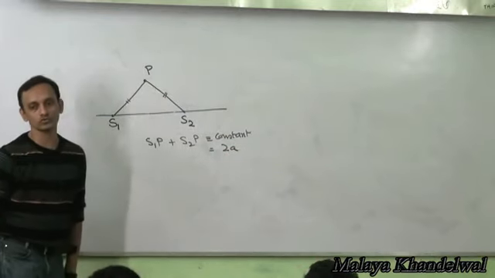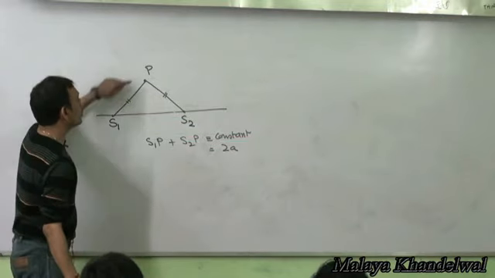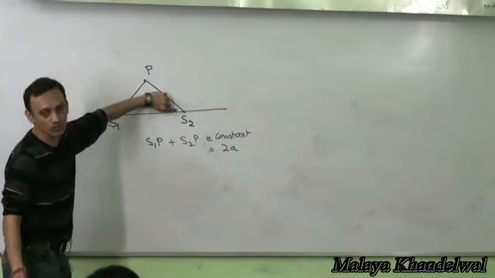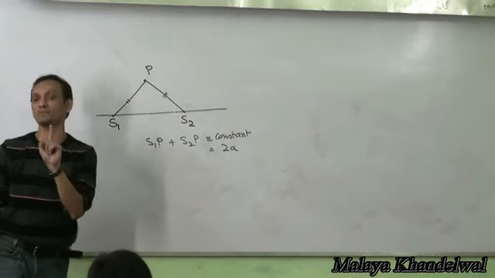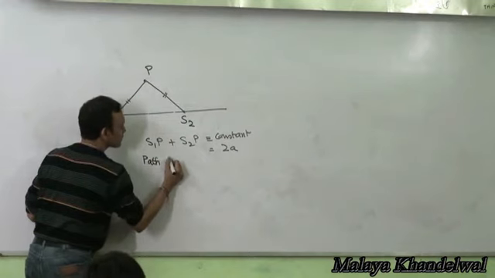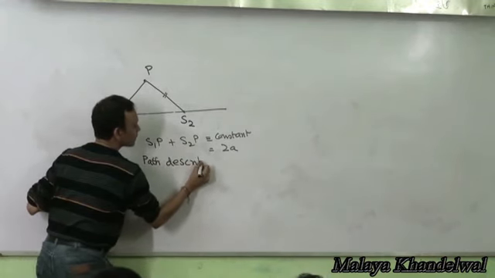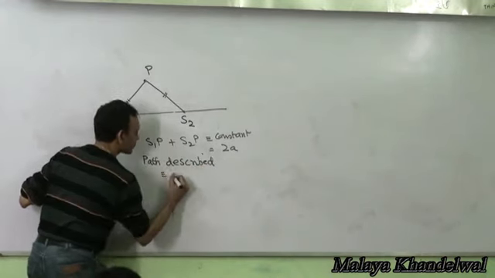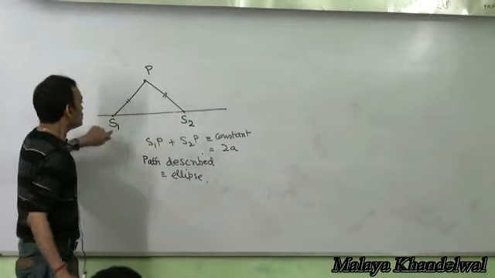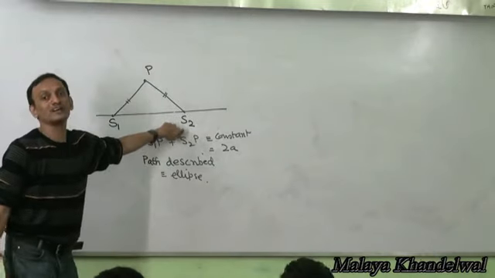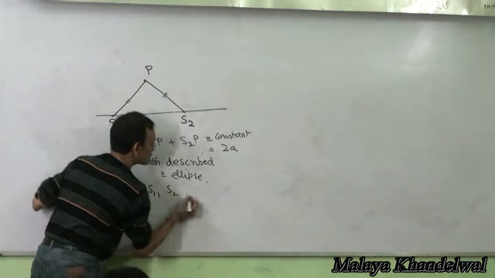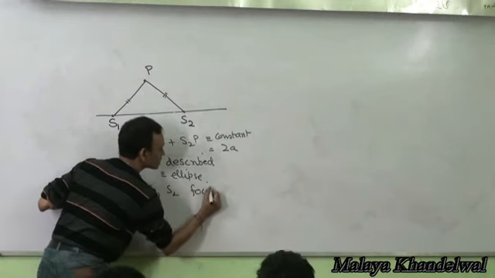If P moves in a manner that the sum of its distances from two fixed points S1 and S2 is a constant, then the path described by P will be an ellipse. These points S1 and S2 are referred to as the foci of the ellipse.